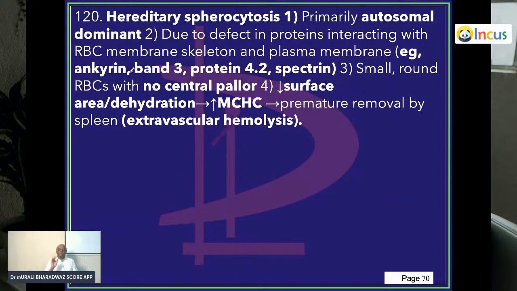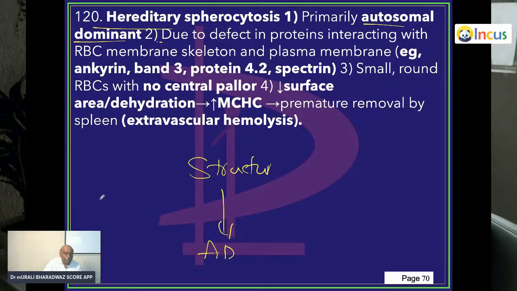Now let us talk about intrinsic defects one by one. Fatafat, 4-5 points. Hereditary spherocytosis is autosomal dominant. How will you remember? Structural protein disorders are all autosomal dominant, like Marfan syndrome is collagen.